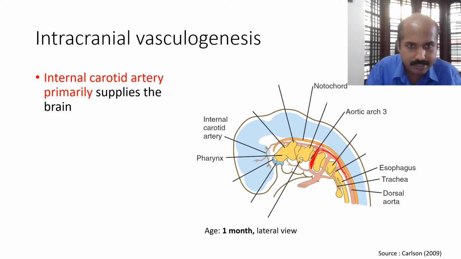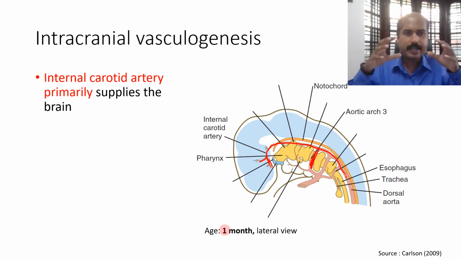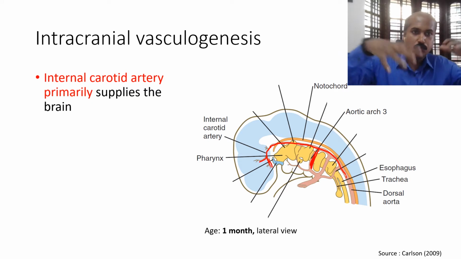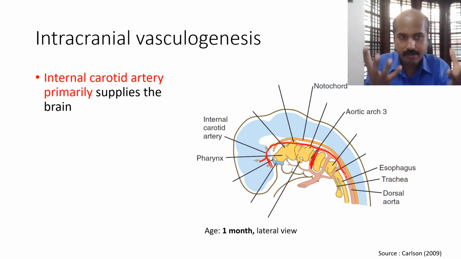The dorsal aorta is giving off a cranial extension. That cranial extension is the one that is going to supply the brain. Before this one month, the brain was supplied by simple diffusion. But as the brain is increasing in its volume, in its biomass, and the neuronal volume is going on increasing, the brain needs a dedicated blood supply.